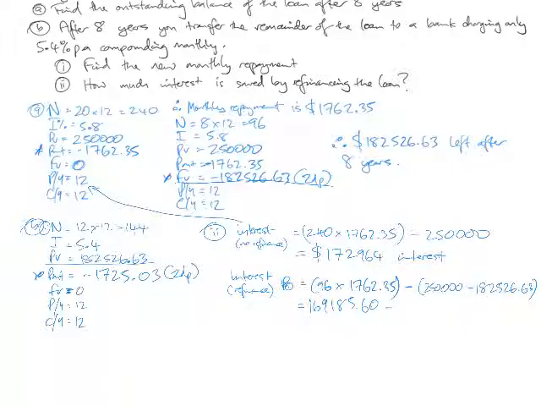But all that did was pay off $250,000 minus $182,526.63. All you paid off the loan was $67,473.37.